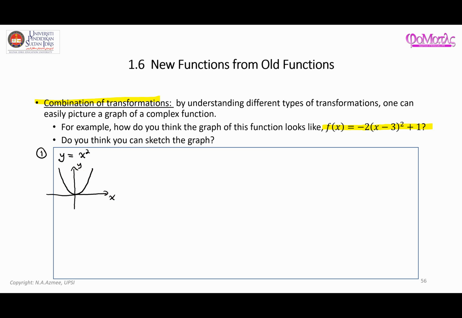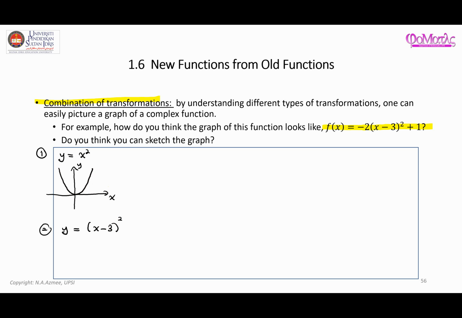Now the second step is we are going to consider this expression here. So we have y equals (x minus 3) squared. So you start introducing a bit of an element, one step at a time. For this one, the graph is going to be moved 3 units to the right.